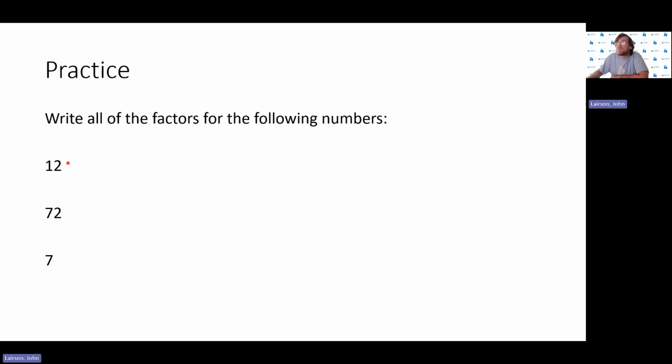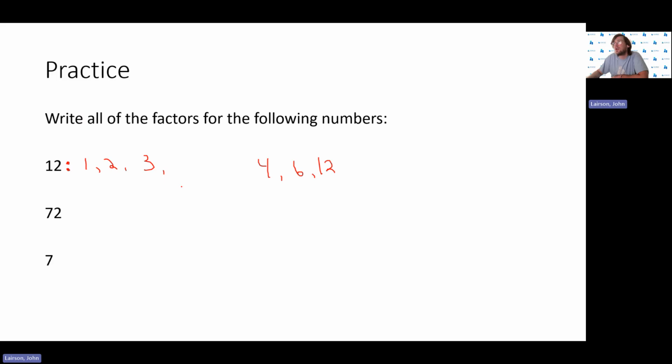12. Again, 1 and 12, always going to work. 1 and the number itself are always going to be factors. 2: 12 divided by 2 is 6. So 2 and 6 are factors. 3: 12 divided by 3 is 4.